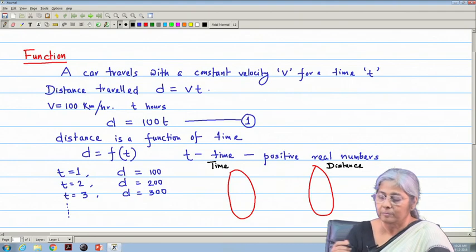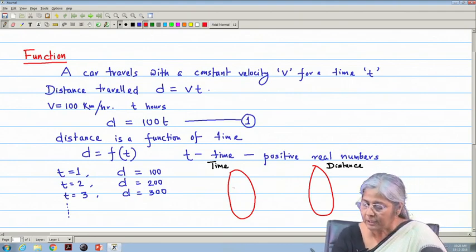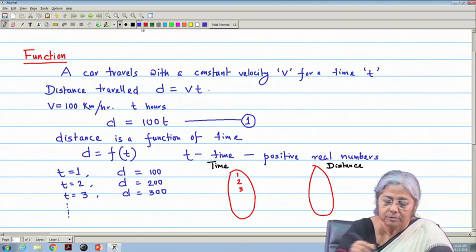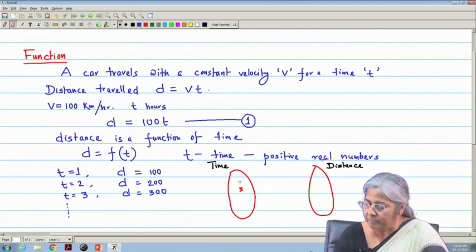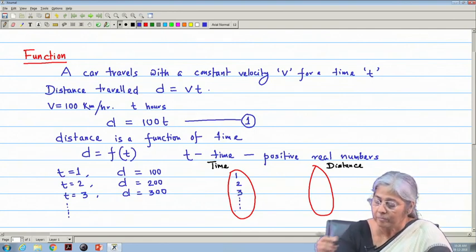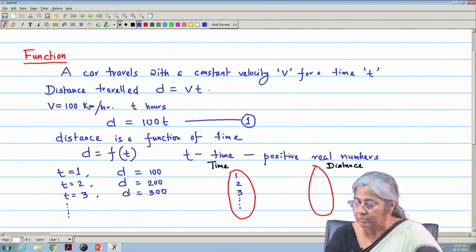So, t can take these values 1, 2, 3, and for these my distance can be say 100, 200, 300, like that.